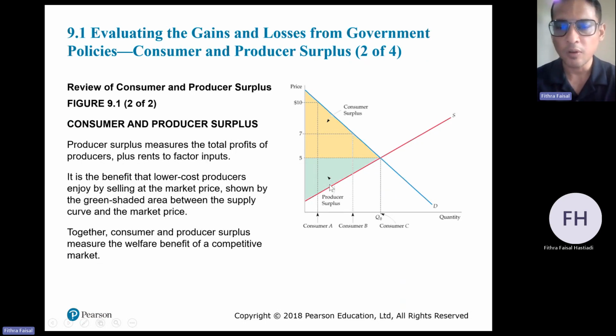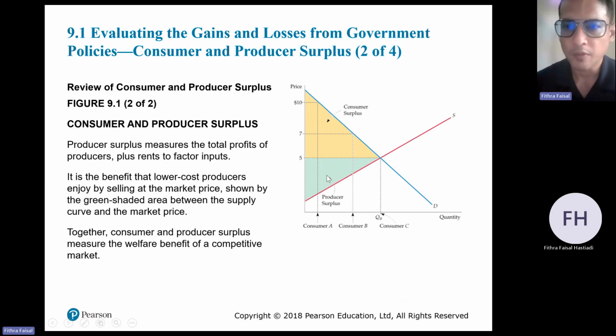And we have also the producer surplus with the same concept. The producers, remember, the price is the incentive for every producer. So for example, producer A can actually endure selling at the price of, for example, 4, which is actually below 5. And if we put all of the producers together, the area above the supply curve and below the price is the producer surplus.